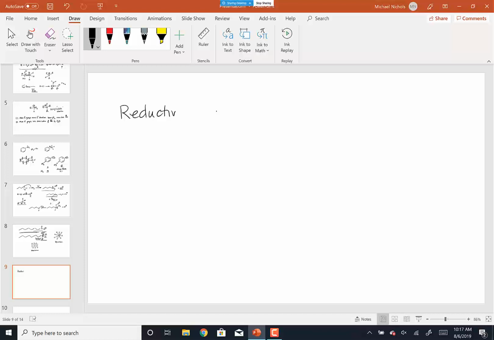Called reductive amination. Now, reductive amination sounds pretty complicated. It is not. It is 2 steps. First thing I want to do is react a ketone or aldehyde with NH3.